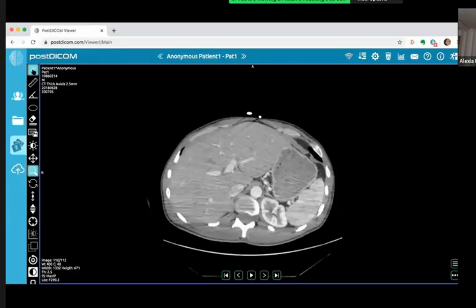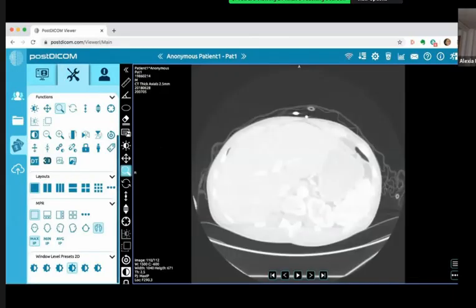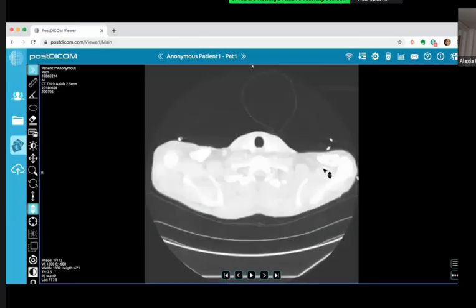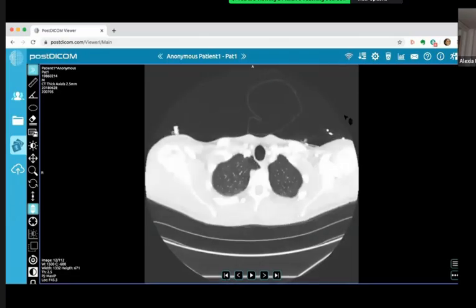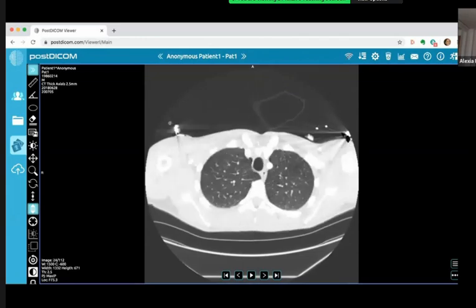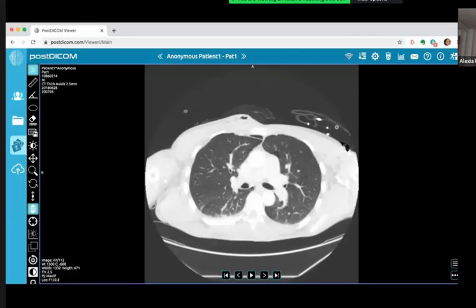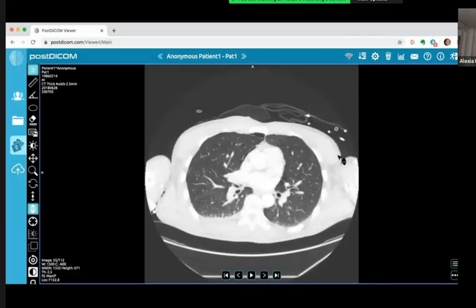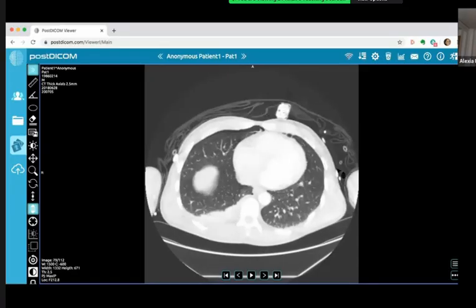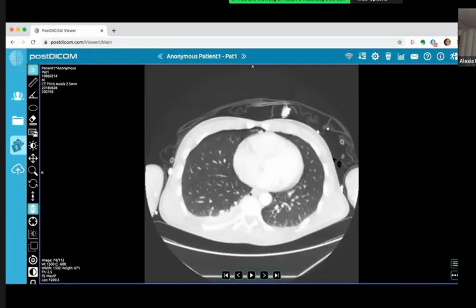Okay, I'll switch the window for you. Do you want to see the soft window again?